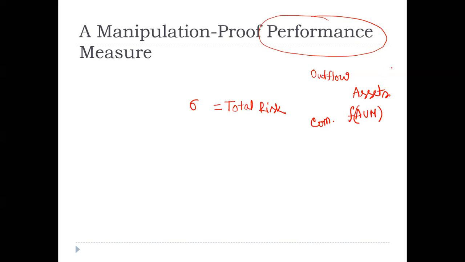So if for some reason the performance does not appear good to the investors, it will cause a good amount of outflow from the fund, which will reduce the assets under management, which will reduce the compensation enjoyed by the fund managers.